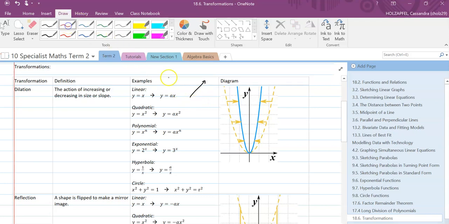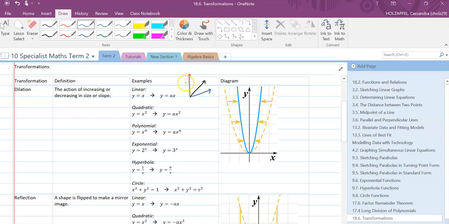If I was to increase the size of this slope, in other words multiply this by some value greater than 1, that would make my graph a lot steeper until eventually it would reach almost a vertical line. As soon as it hits that vertical line, however, that slope is undefined. On the opposite hand, if I was to decrease this value to a fraction or a decimal of some sort, that would decrease the slope, down to the point of being flat when a is equal to 0.